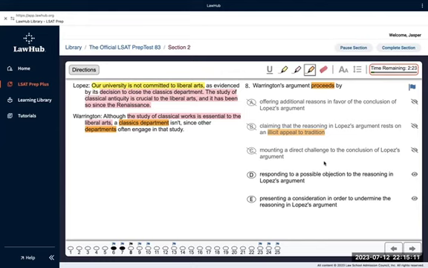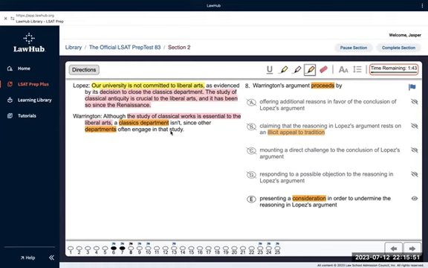Responding to a possible objection to the reasoning in Lopez's argument. So this would actually be helping Lopez's argument. So Warrington is actually raising an objection to the reasoning, not responding to an objection to the reasoning. If you're responding to an objection to someone's reasoning, you're sticking up for them while someone else is objecting to the reasoning, and that's not what's happening here. Presenting a consideration.